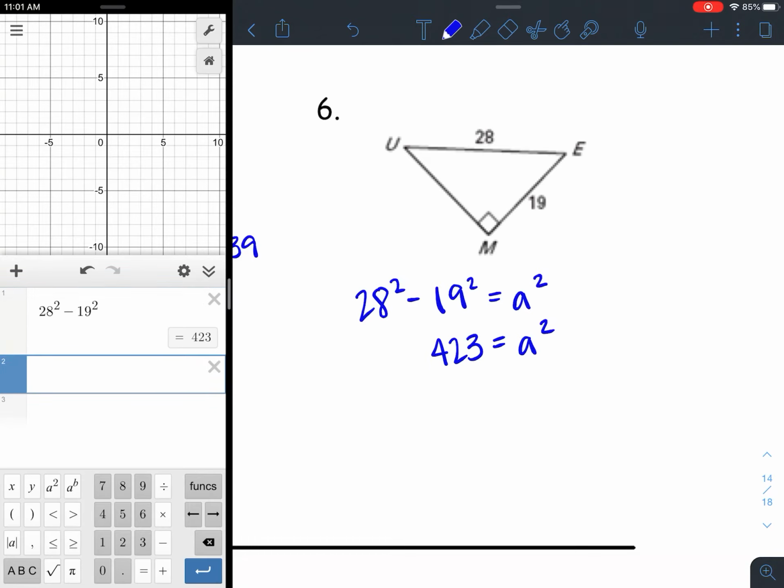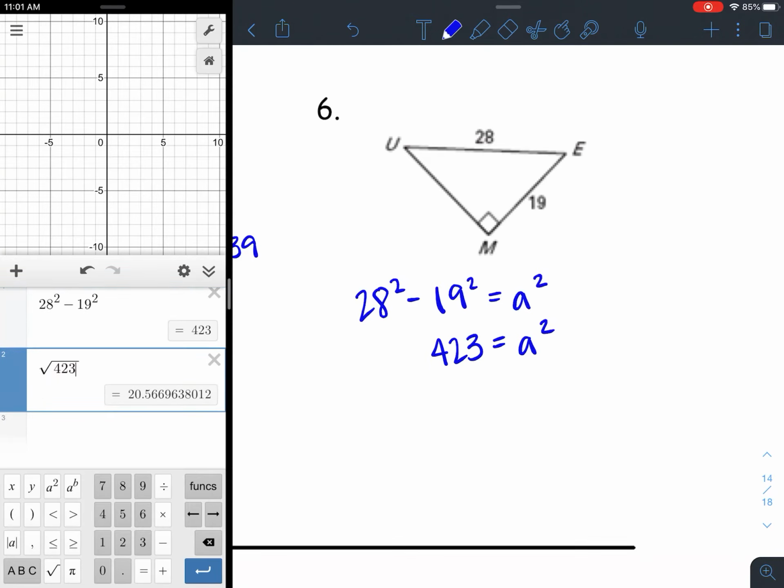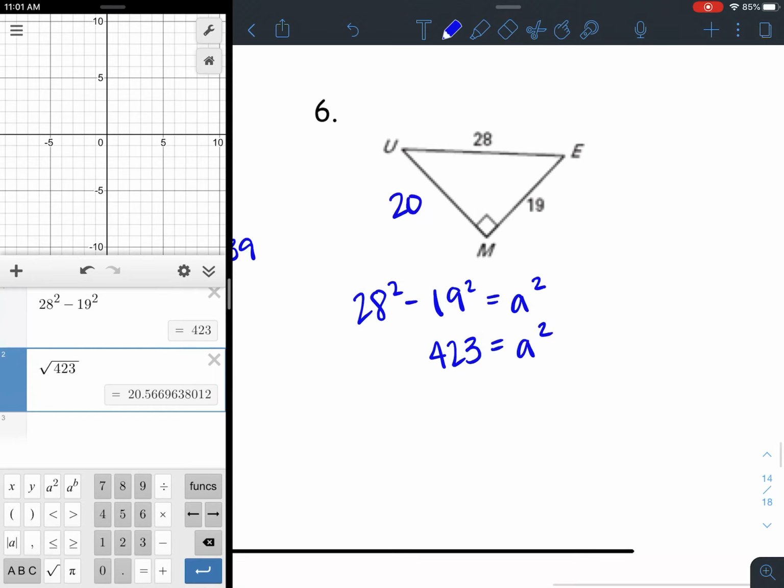And let's go ahead and do the square root since we don't have to simplify it. So it is 20.6. Okay, now let's work at the angles.